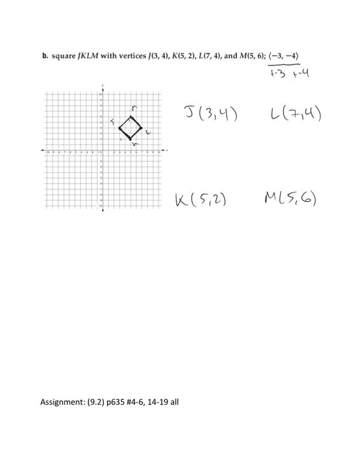And as I said, I'm going to kind of color code this one. We're going to add -3, or subtract 3, from the x-coordinates and subtract 4 from the y-coordinates. So the new point J prime would be at 3 minus 3, that'd be 0, and 4 minus 4 is 0. So J prime would be at (0, 0). L prime would be, so again, subtracting 3 and 4, at (4, 0).